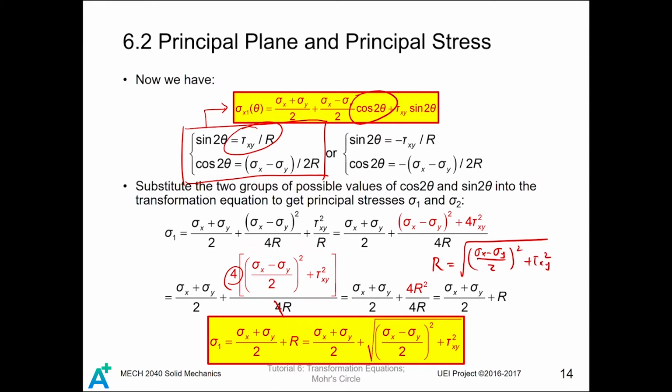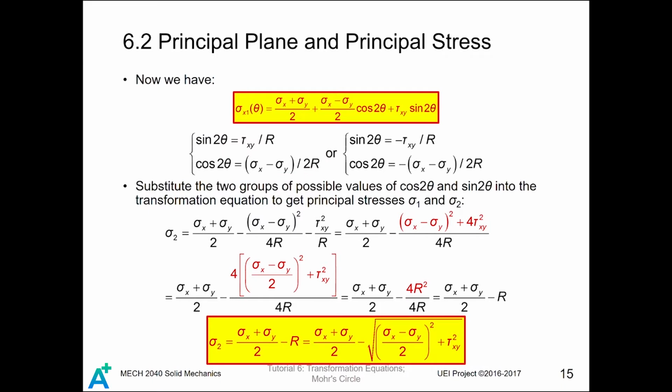But you can see here there is no square root, so this term will automatically become R squared. And here the R squared is cancelled with R, then this term will become R. Therefore, sigma 1 equals sigma x plus sigma y divided by 2 plus R. And you know R is just something like this, a square root.